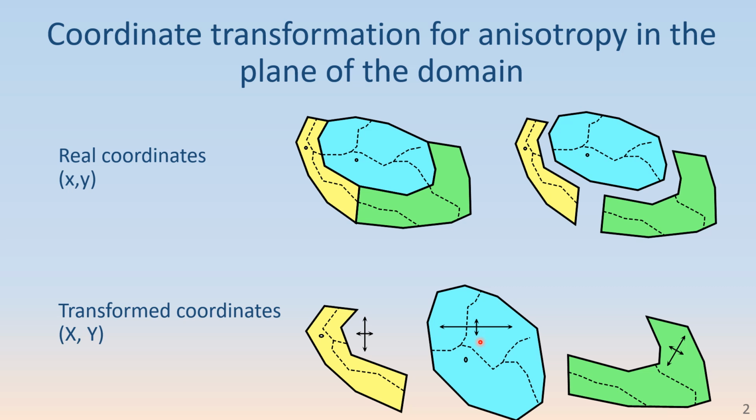And likewise, the third yellow domain transforms from this shape in the real world to this in the equivalent isotropic setting, and it's been stretched this way, which is the lower conductivity direction.